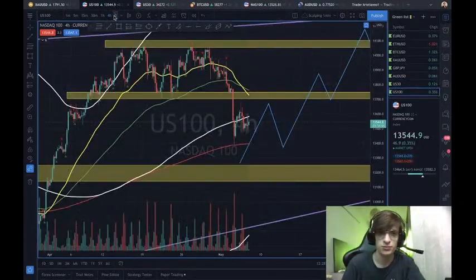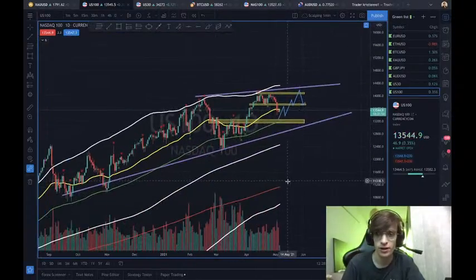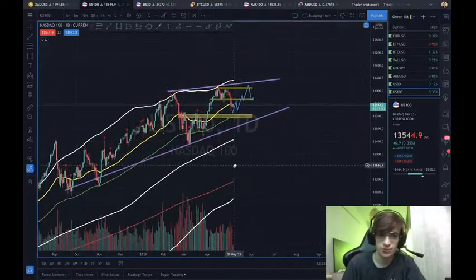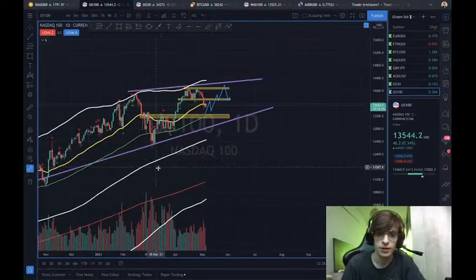So let's go to US 100, the last pair for today. It's obviously bullish as well. It had a little dip with a double top and double bottom, and respected the resistance and the support multiple times.